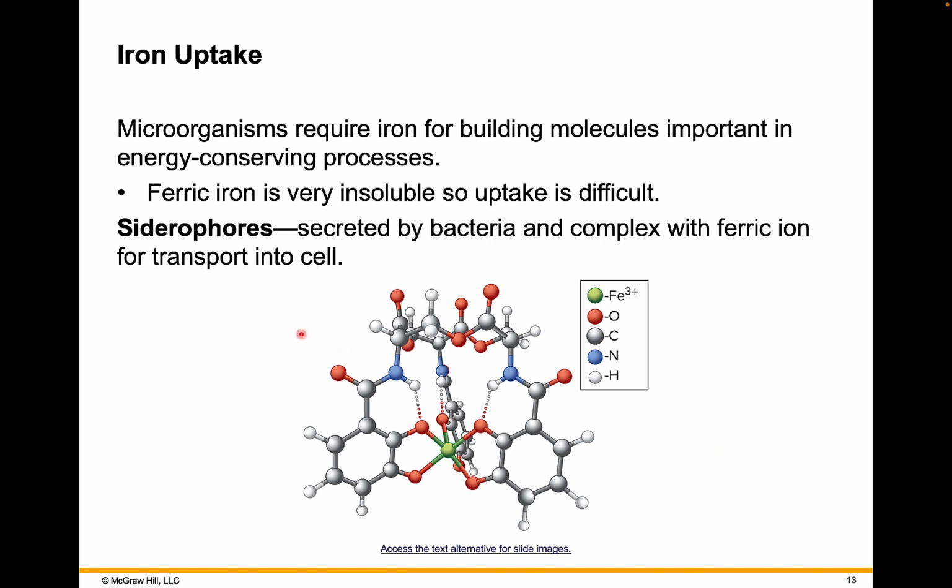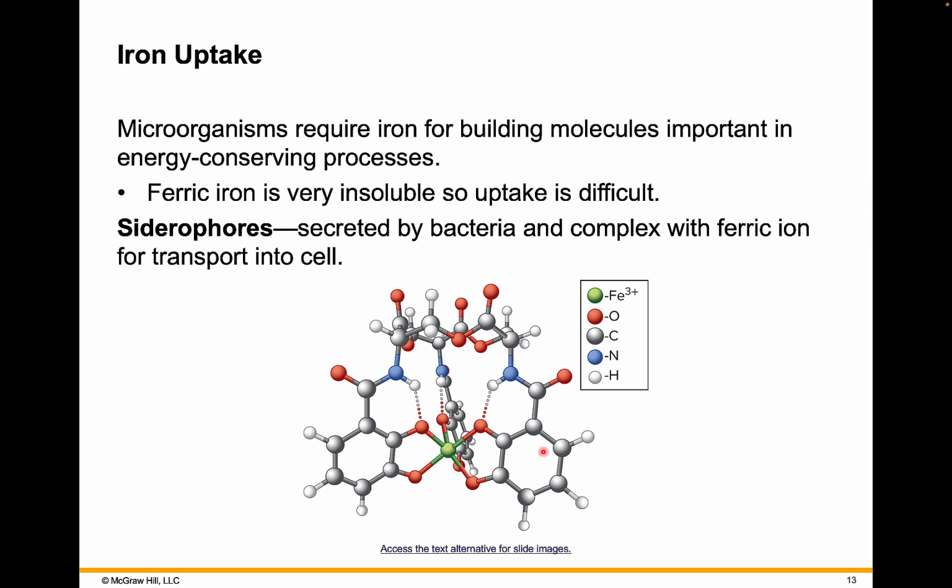So what the bacteria do is secrete an organic molecule known as siderophores. These make a complex, as you can see, with Fe3+: a siderophore-ferric iron complex, and the iron trapped within this organic molecule can be transported inside the cell.